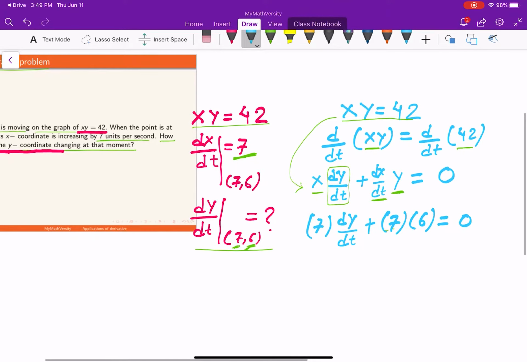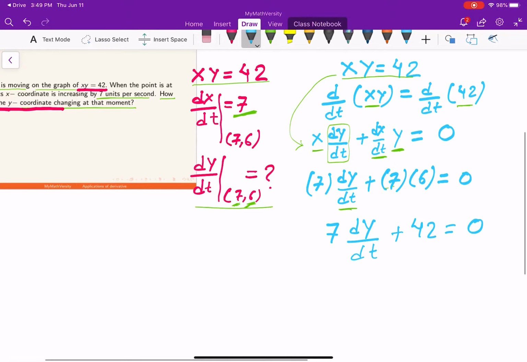All right, so you can see now we have only a relationship between the rates of change. We plug the information back in, and only the derivative of y with respect to t is unknown. So we can immediately solve this. This simplifies to 7 times the derivative of y with respect to t plus 7 times 6, which is 42, is equal to 0. Then how do we solve for dy over dt?